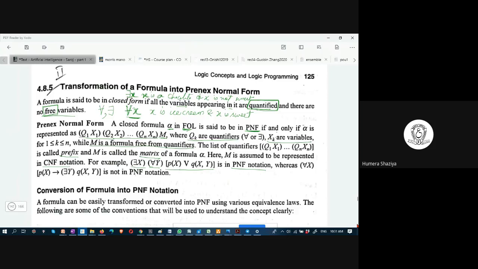In the example, there exists X is a quantified variable. For all Y is again a quantified variable. Which is a variable and which is a quantifier? There exists and for all are quantifiers. X and Y are the variables. P of X or Q of X comma Y, this part is M, which is the formula in CNF form.